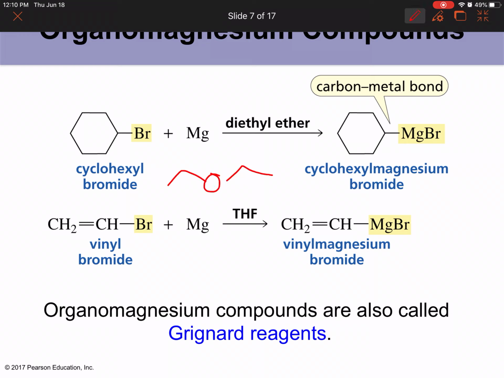So this is diethyl ether, two ethyl groups. And tetrahydrofuran, THF, is a cyclic ether, this one. Both of these are ethers and very unreactive. So we use them as a solvent when we are making a Grignard reagent. Okay.